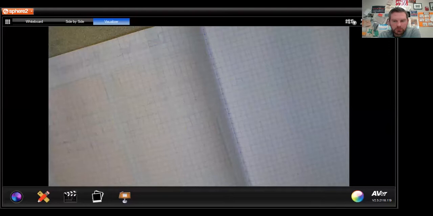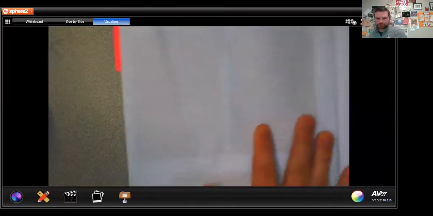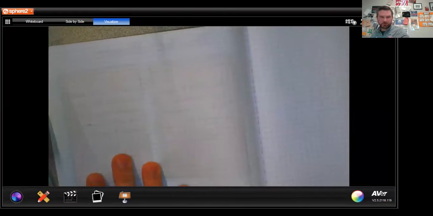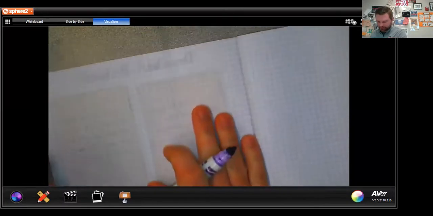All right, so we're on page 12. And this is part of the A.3 learning target, which talks about segment addition and using algebra with geometry.